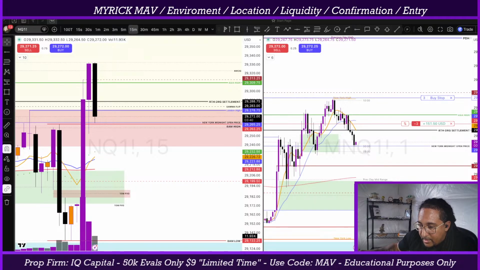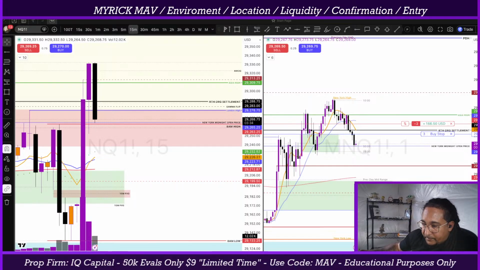We're going to pull our stop down here just to protect some profits. Kind of want to see just a nice big rejection to the downside. I don't want to drag it too fast.